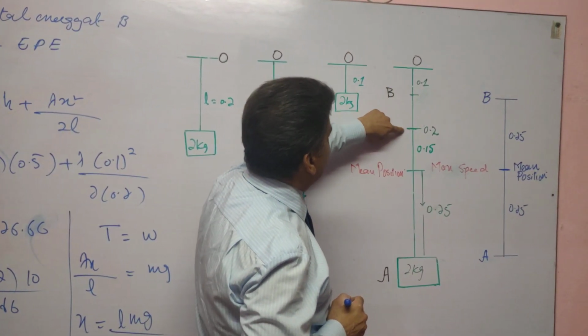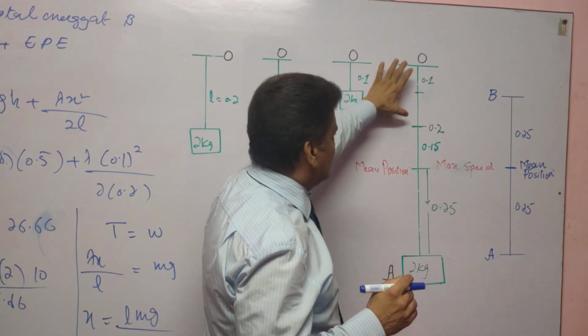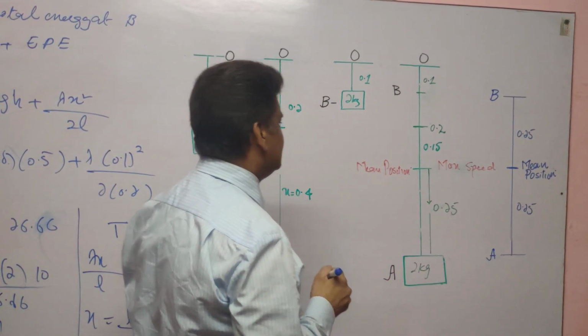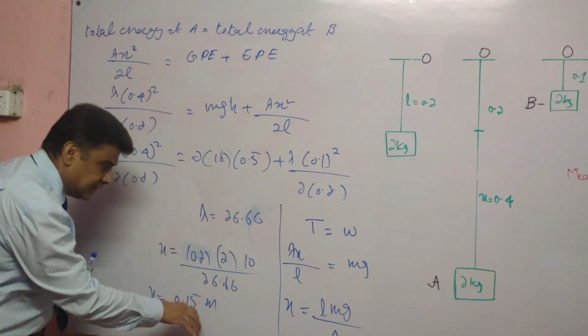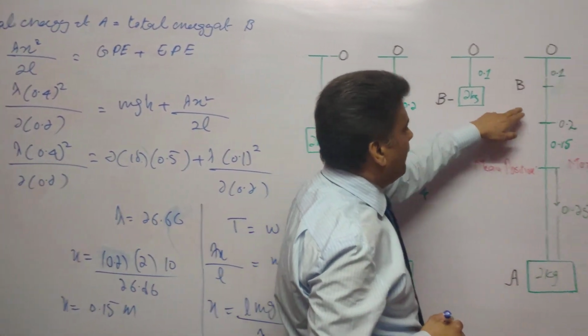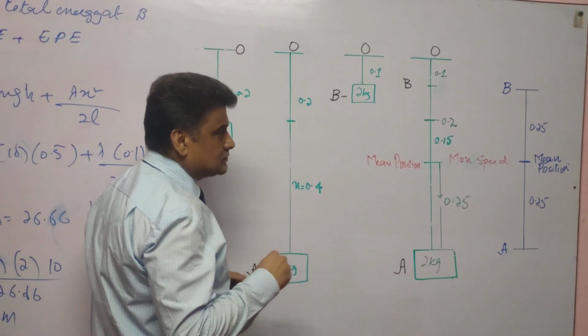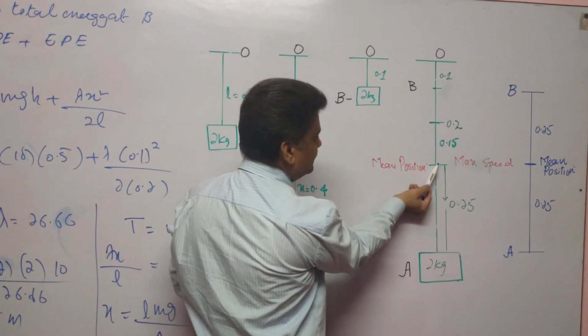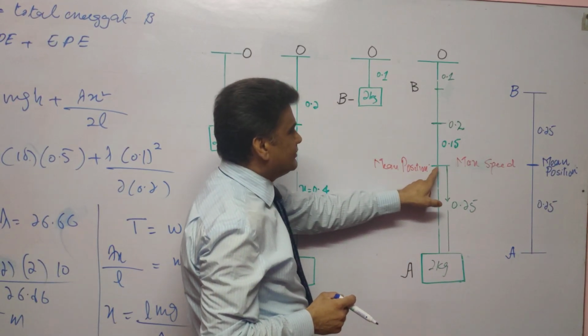I mean to say 0.2 plus 0.15 will become 0.35. This is the place where the length will be 0.35.